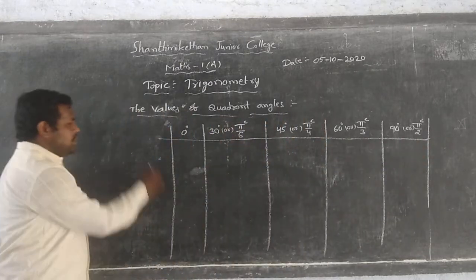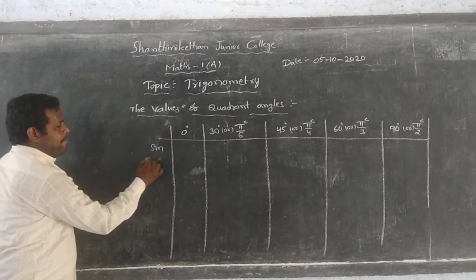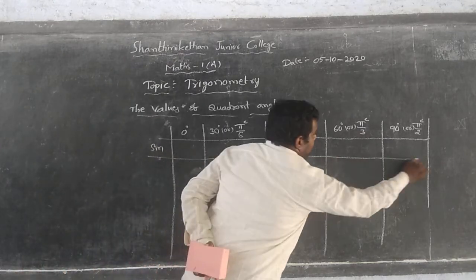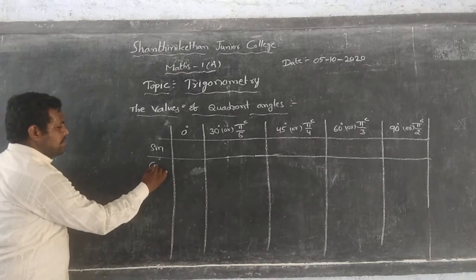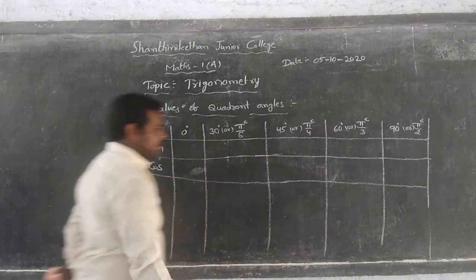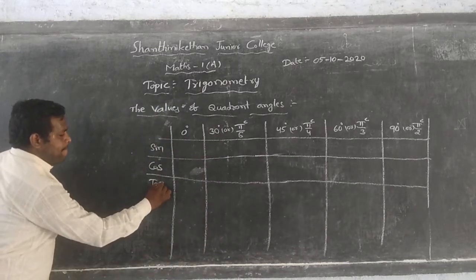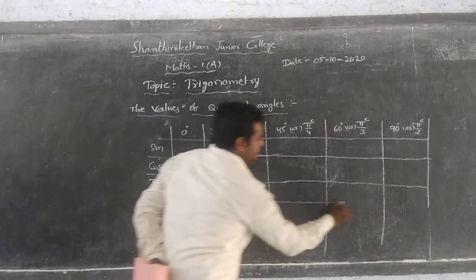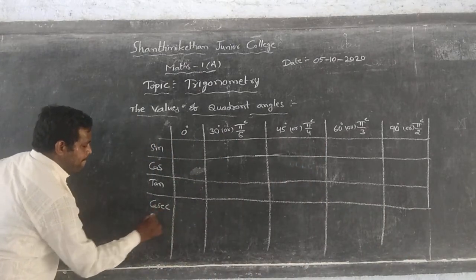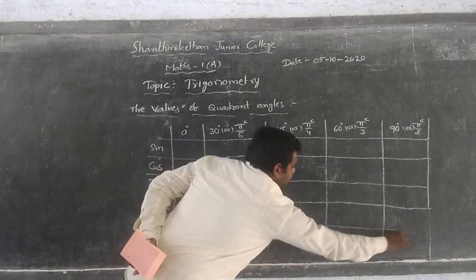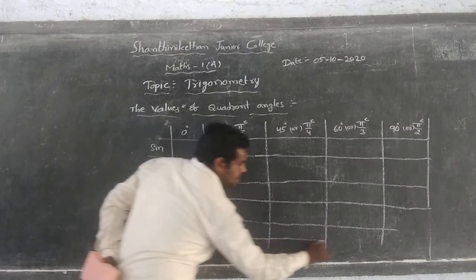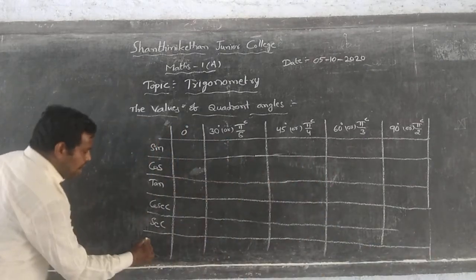In trigonometric ratios: sine, cos, tan, cosec, secant, cot.